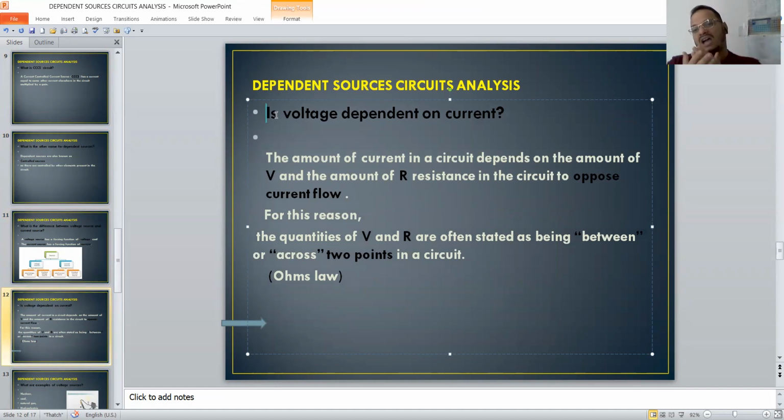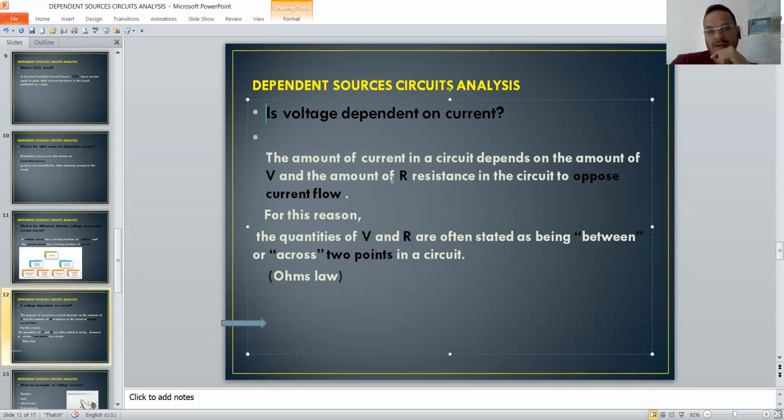Yes. Actually, the voltage and current have a strong relation between them. If we make some change in the voltage, the current result will change. The amount of current in a circuit depends on the amount of voltage and the amount of resistance in the circuit to oppose current flow.